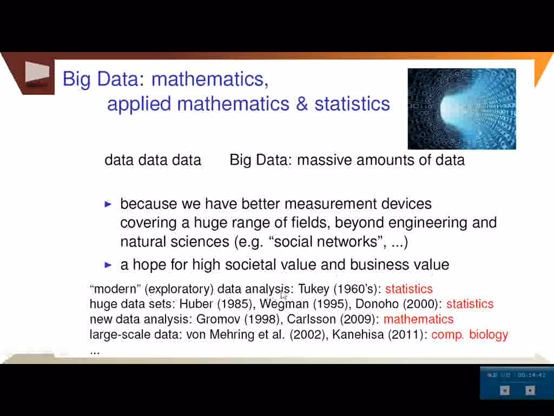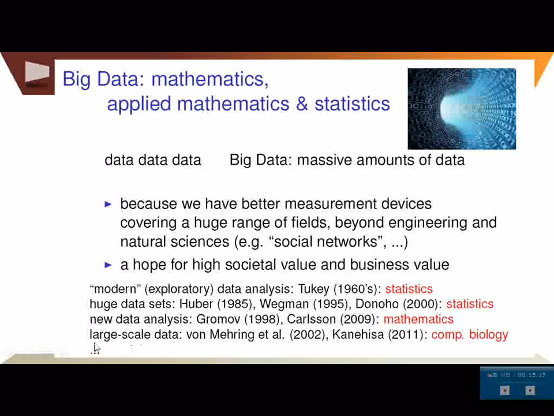Here, modern data analysis was developed by Tukey in the 60s in statistics, and huge data sets were also dealt with by many in statistics. A new method of data analysis was introduced by Gunnar Carlsson from the mathematics side.